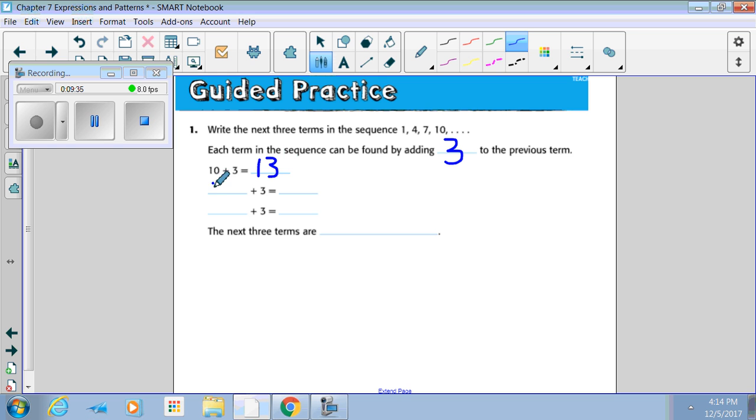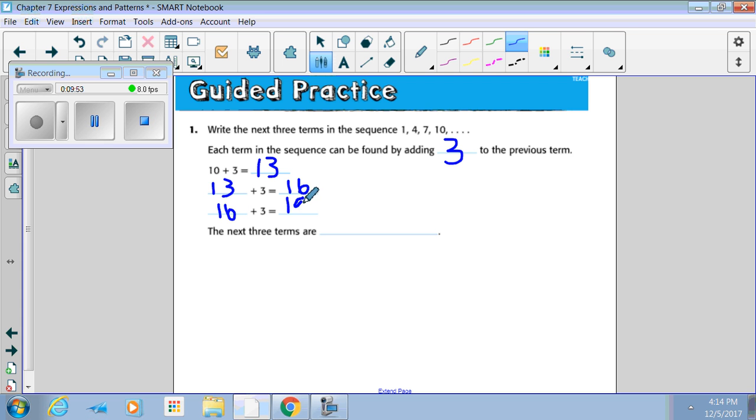Then we take that 13 and we add 3. And that gives us 16. Then we take that 16 and we add 3, and that gives us 19.